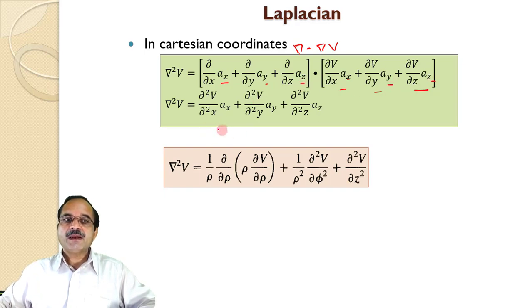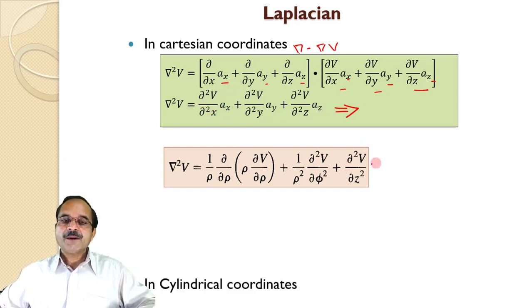So that gives me the final expression for Laplacian as del square V by del square x, plus del square V by del square y, plus del square V by del square z. So this is the expression to evaluate Laplacian of a scalar field V.